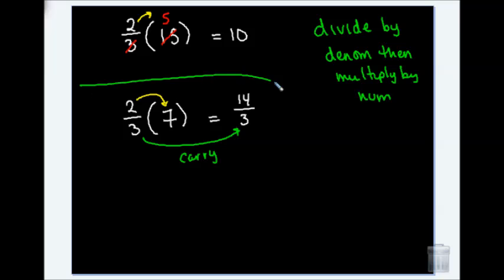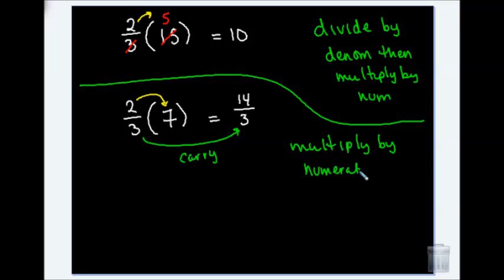But if the denominator doesn't divide, you multiply by the numerator and then carry the denominator. Can you just also put a division sign and put a 1 in the bottom? Not division, multiplication. Whatever you would divide by, you multiply the top by, correct? Multiply by the top, divide by the bottom. Right, like on the top one, you use divide. 3 into 15 is 5, and then I did 2 times 5 to get 10.